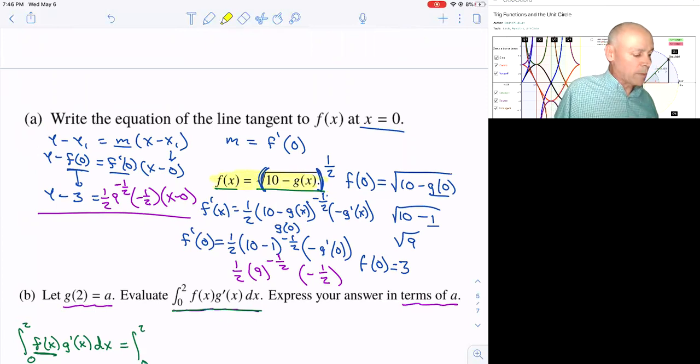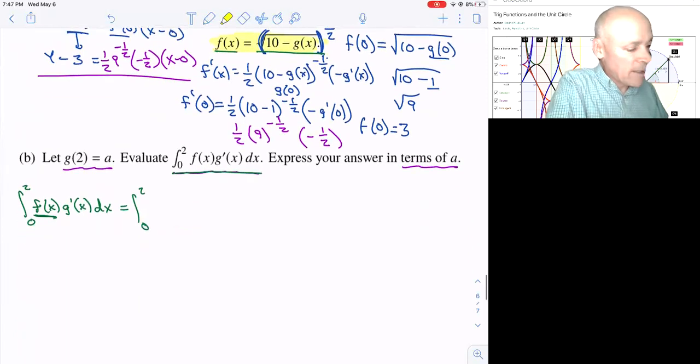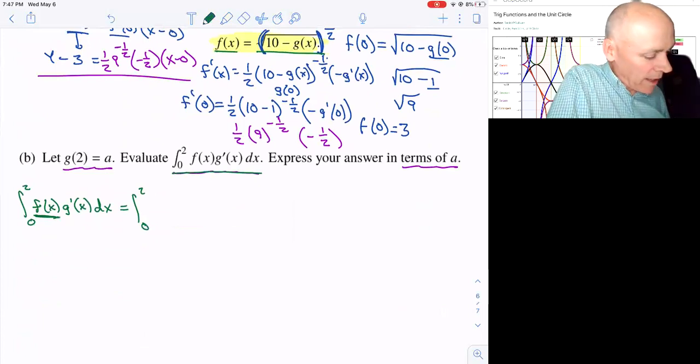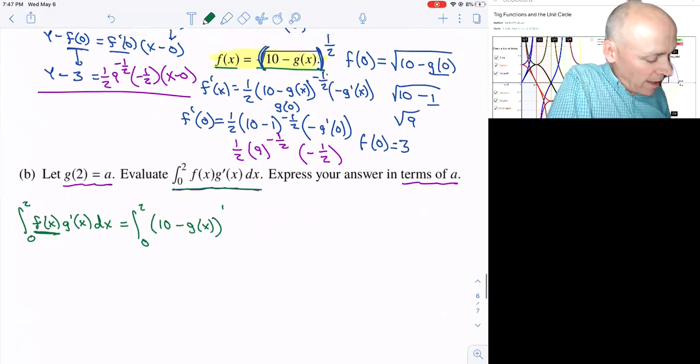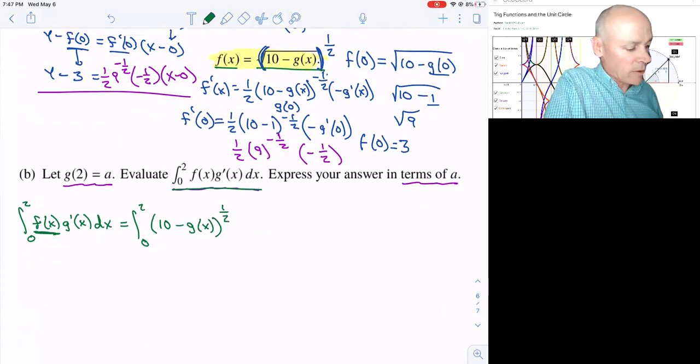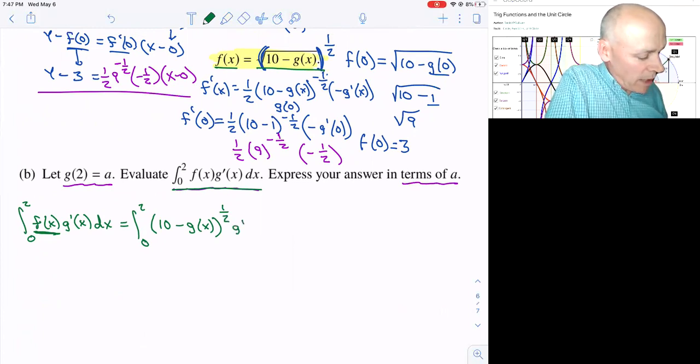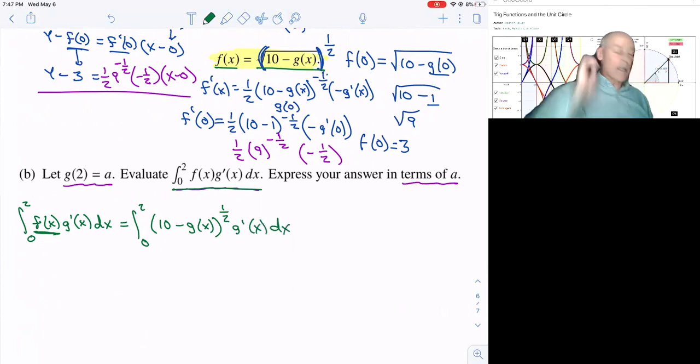That's in the stem of our problem. So I'm just going to write what that is. The square root, I'm going to leave my rewrite, so the 10 minus g at x raised to the 1/2 power, right? That's equivalent to radical 10 minus g at x times g prime at x dx. Sweet. Okay, so the good news now is at least our integrand just has g of x and g prime of x in it. Okay. All right.